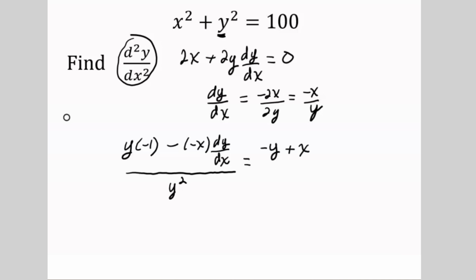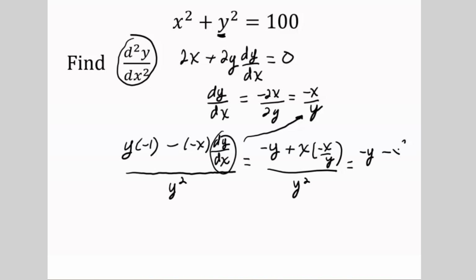Now I'm going to sub in dy/dx. So I can see here I have dy/dx, which equals this. So I'm going to put in that negative x over y, all divided by y squared. So this would simplify to negative y minus x squared over y, divided by y squared.